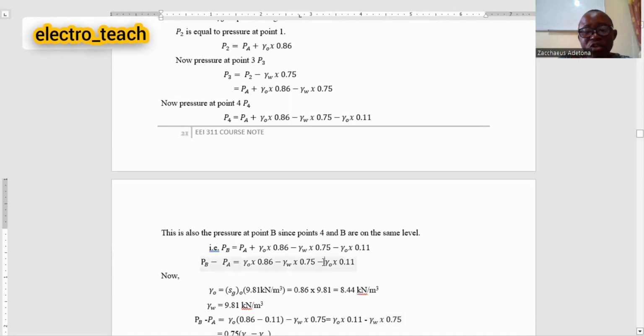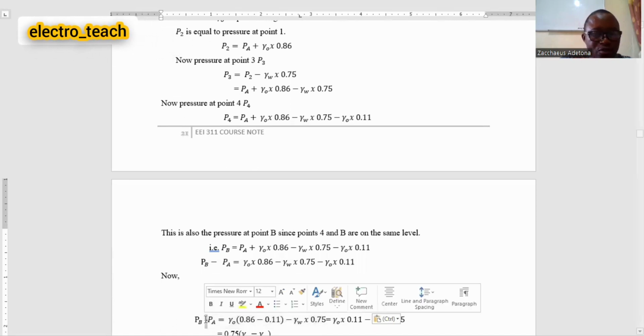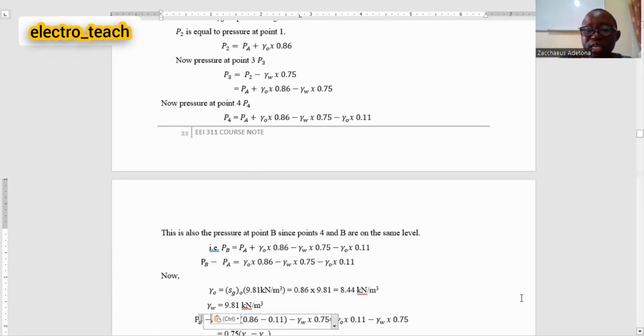So it's very simple. We can now substitute the values for both gamma of oil and gamma of water that we have calculated just now. Then that will help us to determine the value for PB minus PA.